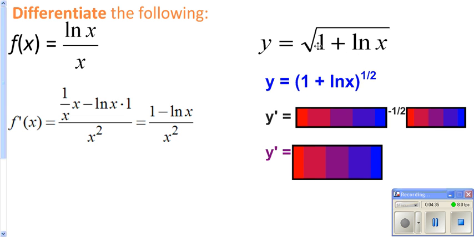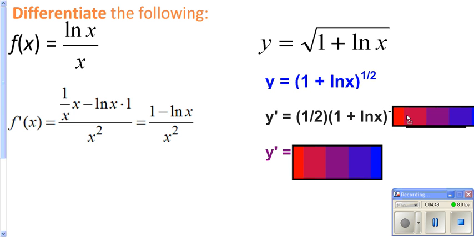Taking a look at the one here on the right, we need to take our derivative, but it's going to be easier to think of our square root as a 1/2 power. Then we'll use our power rule. We'll put our 1/2 down in front, keep the inside, decrease the exponent by 1. Then we multiply by the derivative of the inside. The derivative of 1 is 0.